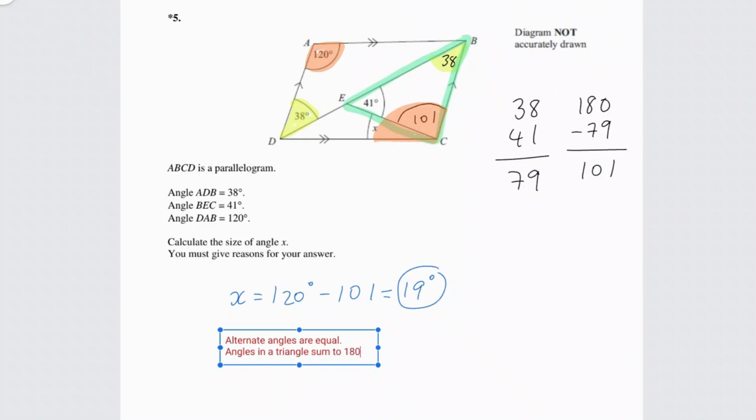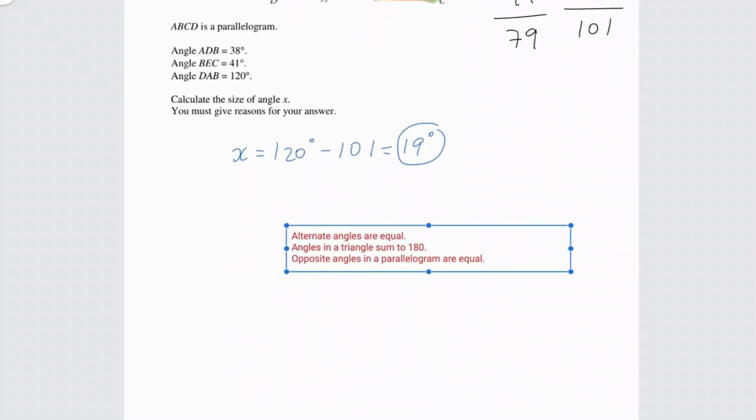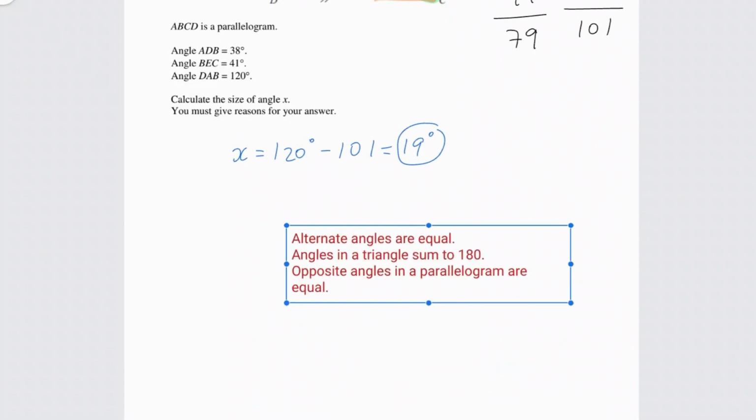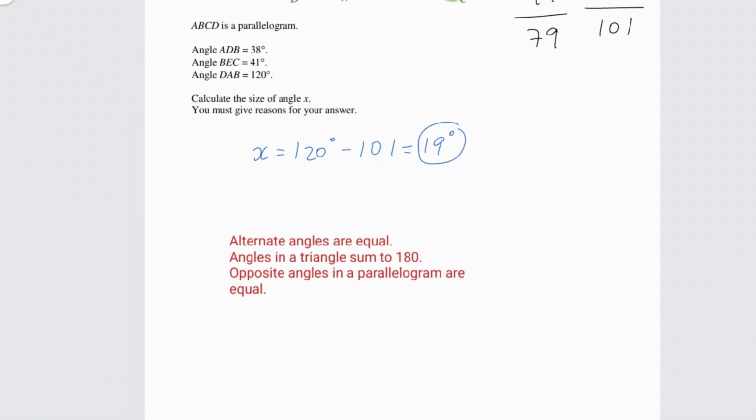And we also used opposite angles in a parallelogram are equal. And what you need to make sure you're doing on these questions, which are about parallel lines, is you need to make sure you're using the rules for parallel lines. You can't just get away with saying angles in a triangle add up to 180. You've got to use those rules too.